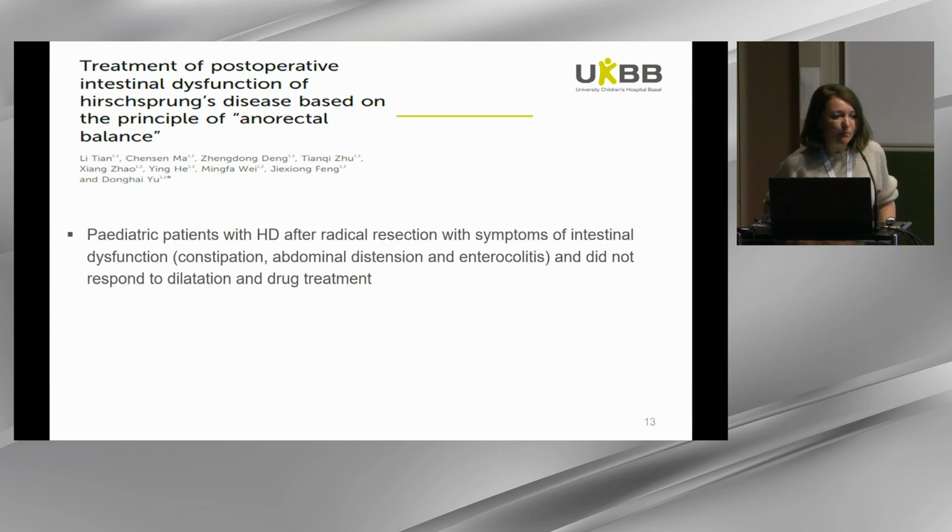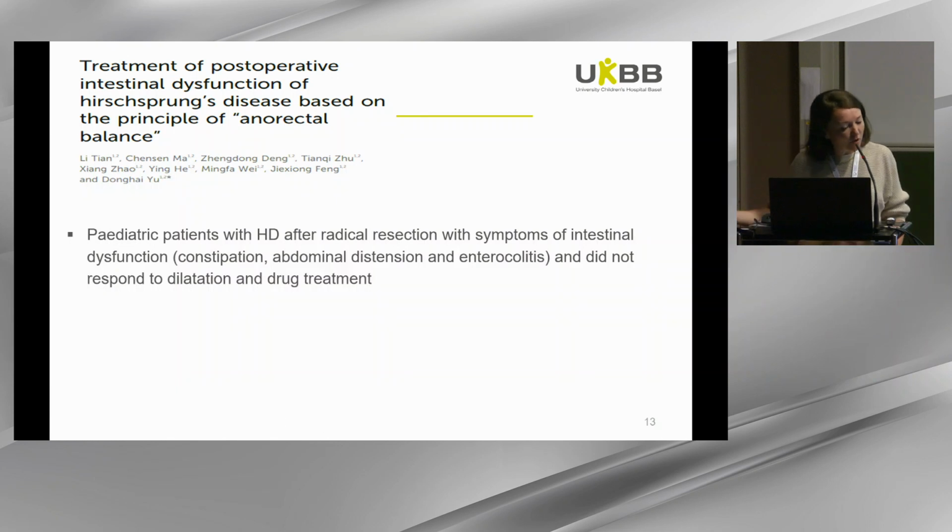So lately, more and more case reports are being published, or studies where pediatric patients after Hirschsprung disease are being treated with myectomy. And I just want to use this study as a sample. I'll talk you through. So this is a study where they included pediatric patients with Hirschsprung disease who had undergone pull-through surgeries but still had problems, as we know is most likely to happen.